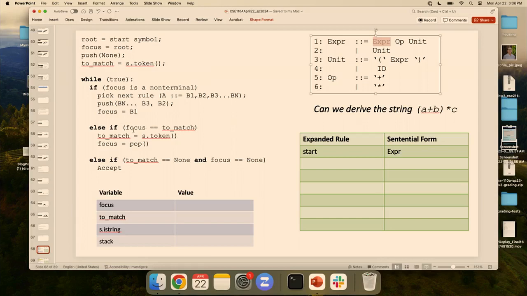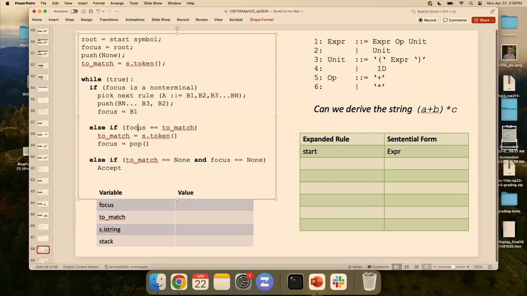If what we're focusing on is a terminal, so if it's an ID or an open parenthesis or a close parenthesis, then we just check to see if that terminal is equal to the lexeme that we got from our scanner. If it's equal, we get our next token using that token API that we used before to get a new lexeme that we want to match, and we pop the next thing off the stack that we're searching for.